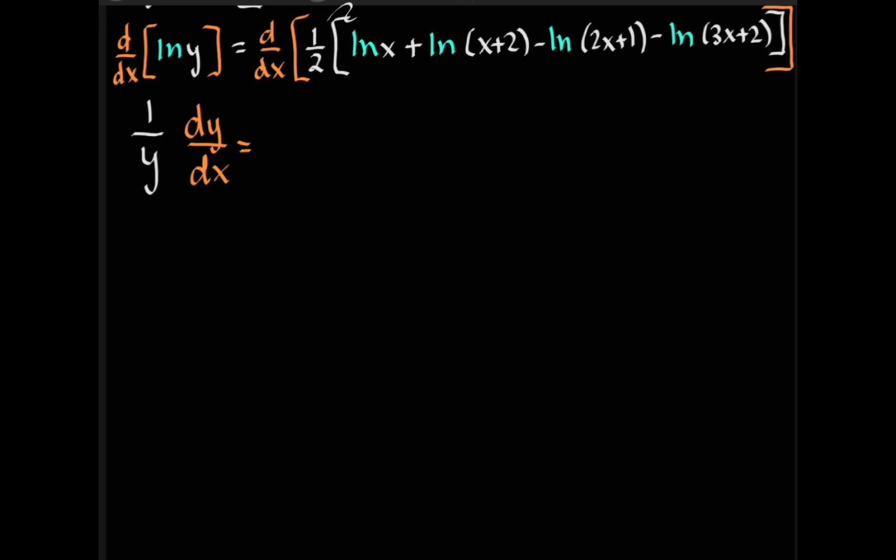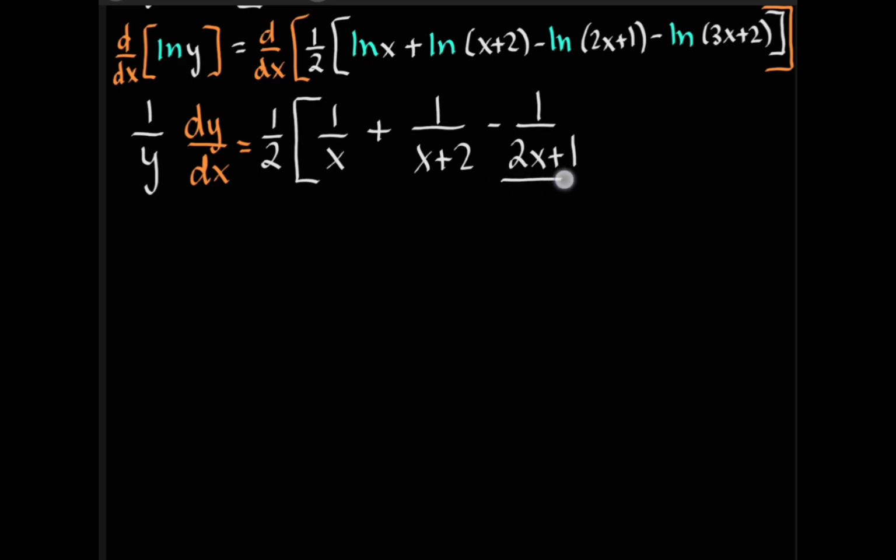Now starting on the right side, the constant multiple rule allows me to bring that 1/2 to the front and not worry about it. So it's going to be 1/2 times the derivative of ln x, which is going to be 1 over x, plus the derivative of ln of x plus 2, which is just going to be 1 over x plus 2, times the derivative of x plus 2, which is just going to be 1, minus the derivative of ln of 2x plus 1, so it'll be minus 1 over 2x plus 1, but the derivative of 2x plus 1 is going to be 2.